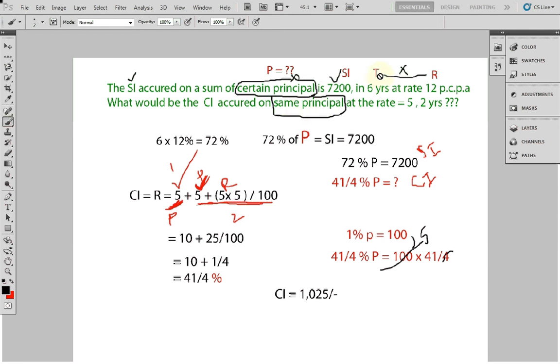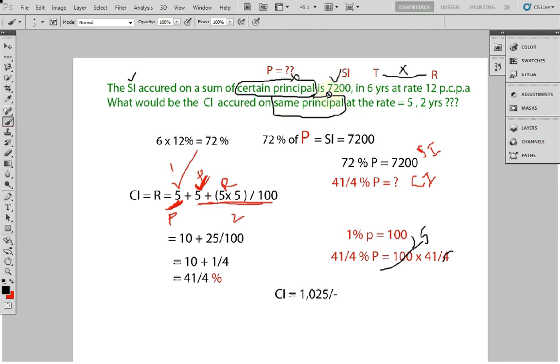I said in previous sessions that calculating simple interest is nothing but TR's percentage of principal, multiplying T into R by 100 of principal. Here time is 6 years and R is 12%, so TR becomes 72%. 72% of principal is nothing but simple interest.